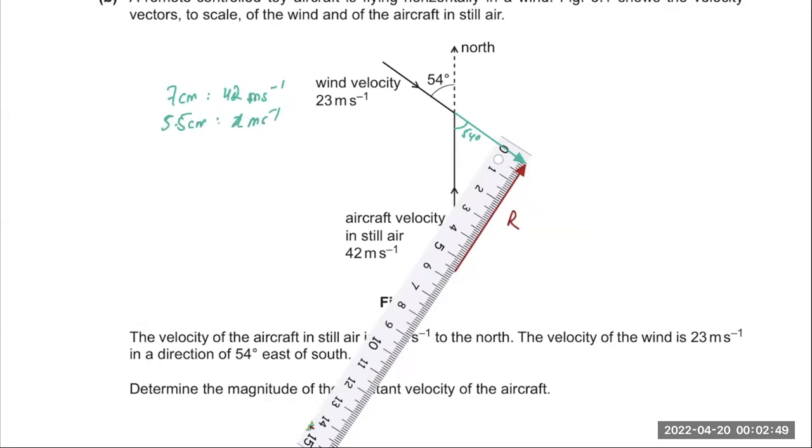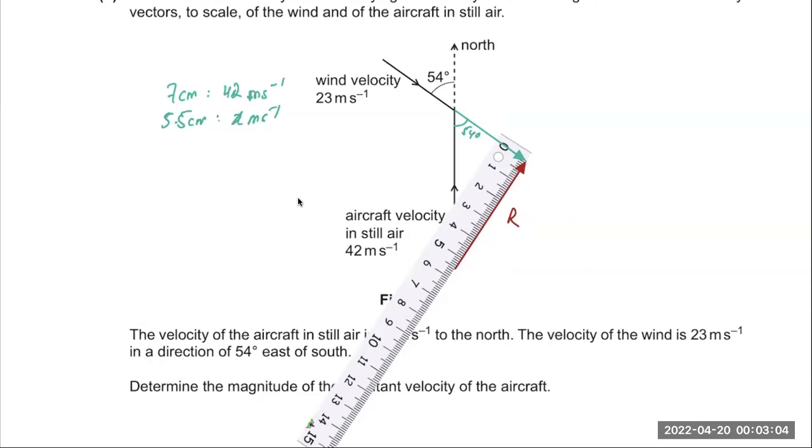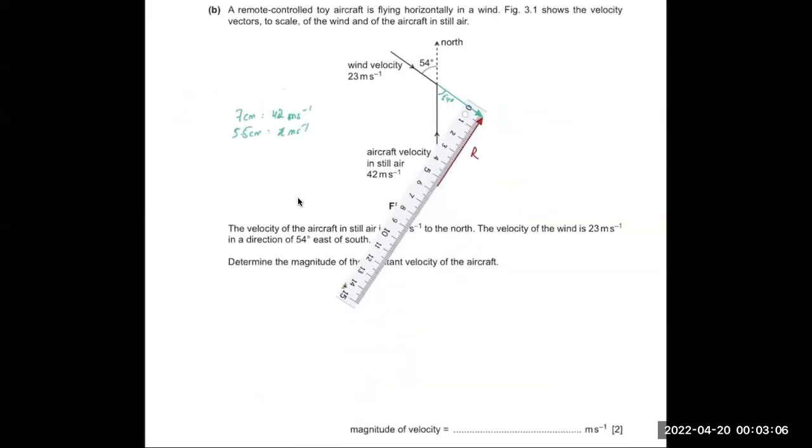What answer do we get? 42 times 5.5 divided by 7. The answer that I'm getting is exactly 33 meters per second. So that's my answer using the head to tail rule. X is equal to 33 meters per second using a scale diagram. Is this clear? Do you get this technique?